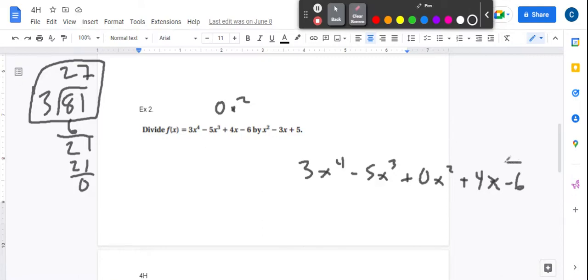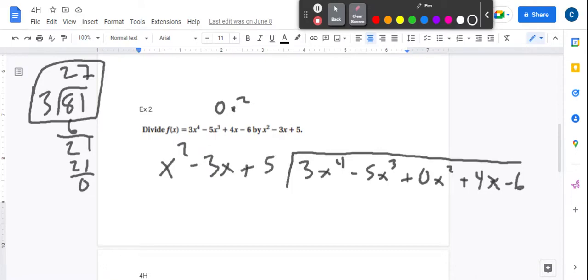So we're going to take this whole polynomial here. We're going to divide it by x squared minus 3x plus 5. And what we're really going to look at here is the 3x to the fourth and the x squared. We're going to divide those terms. Okay?